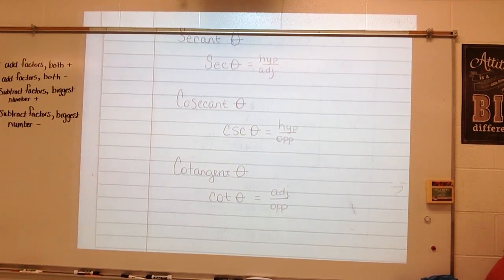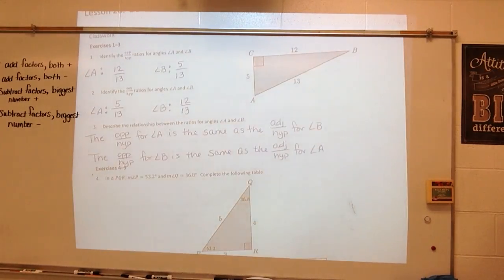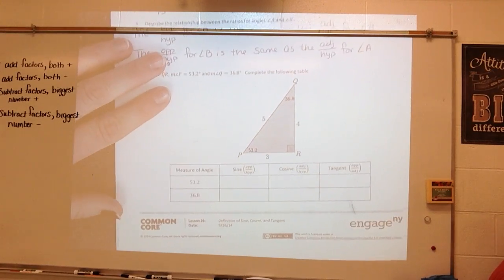Now, we're not going to use secant, cosecant, and cotangent a whole lot because given any 2 sides, it's possible to write the quotient so as to get the sine, cosine, and tangent. But I wanted to introduce secant, cosecant, and cotangent to you. So with that being said, let's set these things aside, and we're going to revisit them in just a few minutes.